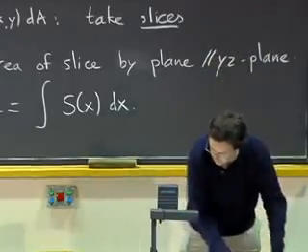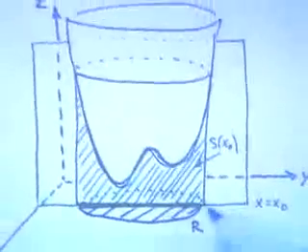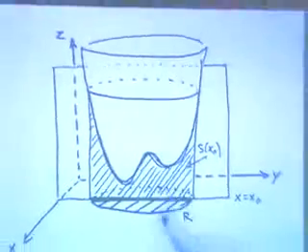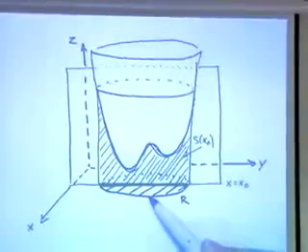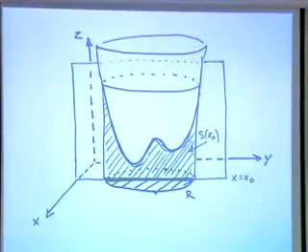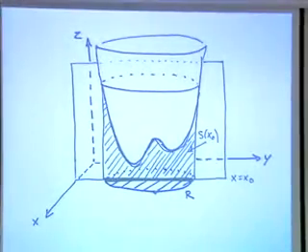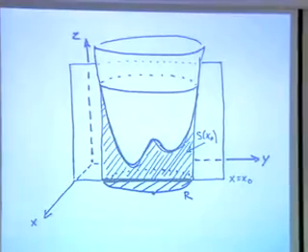On this picture, we'd probably start over here at the back, and end over here at the front. So let me just say from the minimum x to the maximum x.